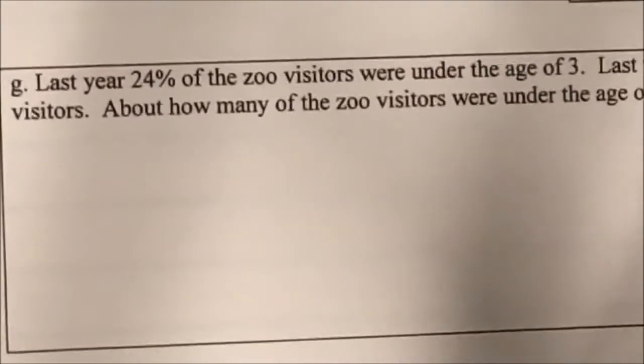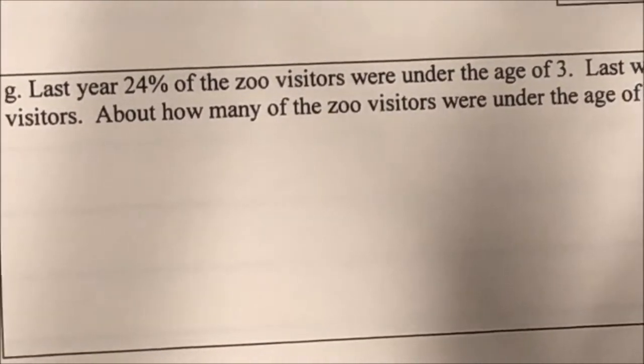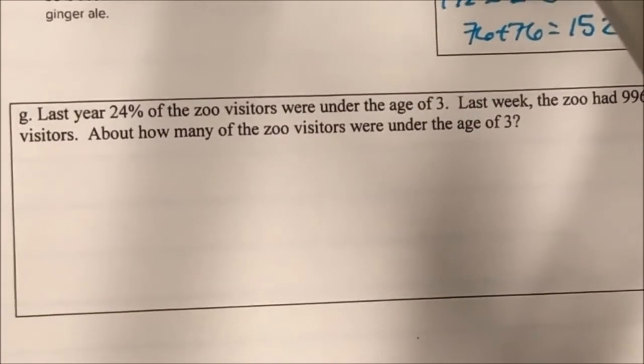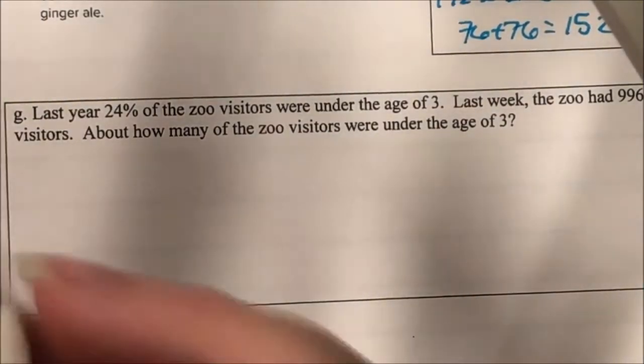For letter G, last year 24% of the zoo visitors were under the age of 3. Last week, the zoo had 996 visitors. About how many of the zoo visitors were under the age of 3?